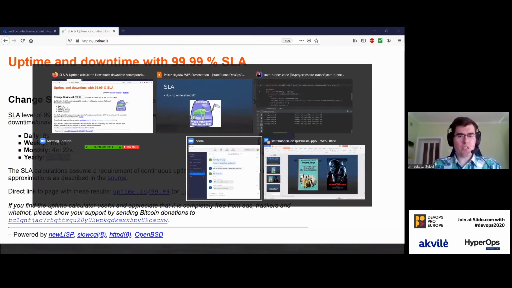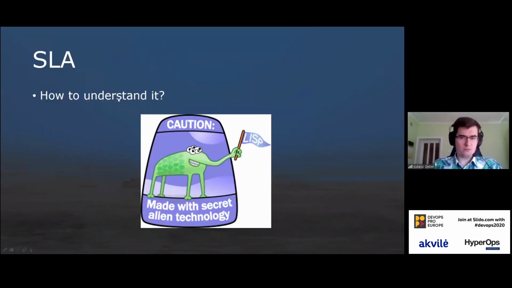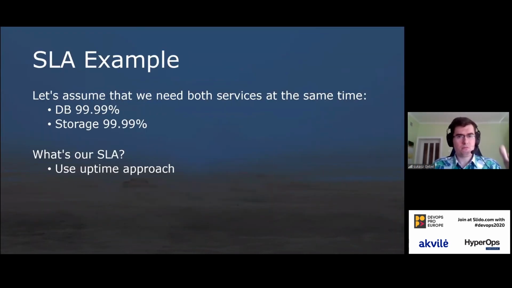So how can we calculate it for our architectures, for our systems? I will use this example. Let's assume that we've got a DB which has an SLA at the level of 4 nines and storage that is at the same level, 4 nines, and both services need to work all the time for the service to be up.